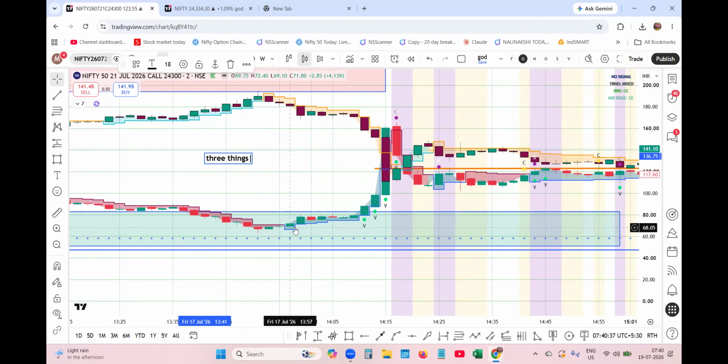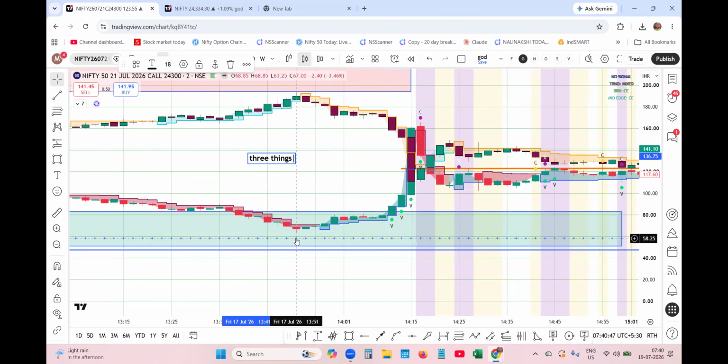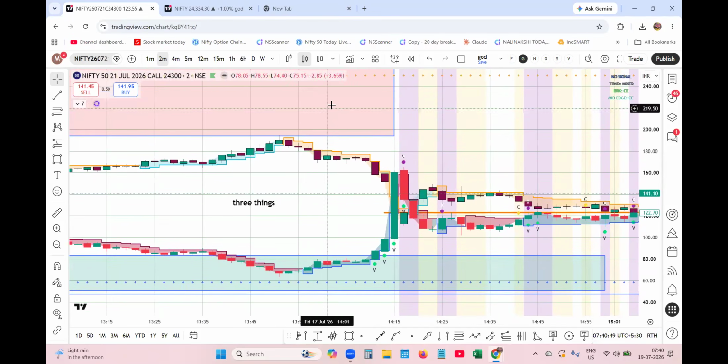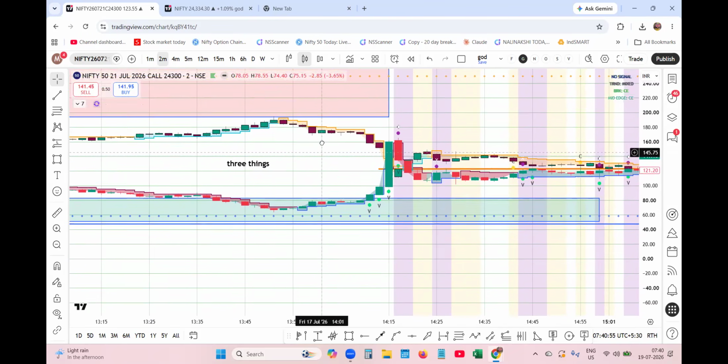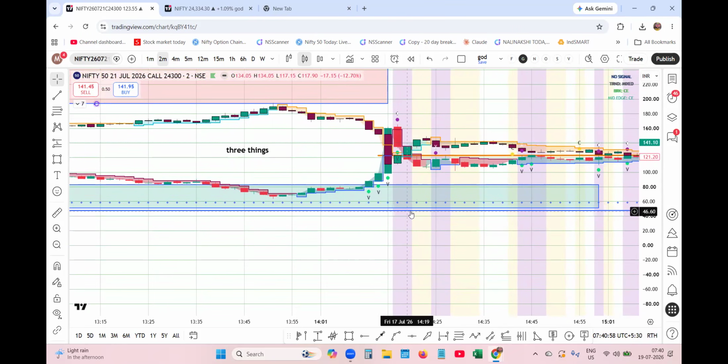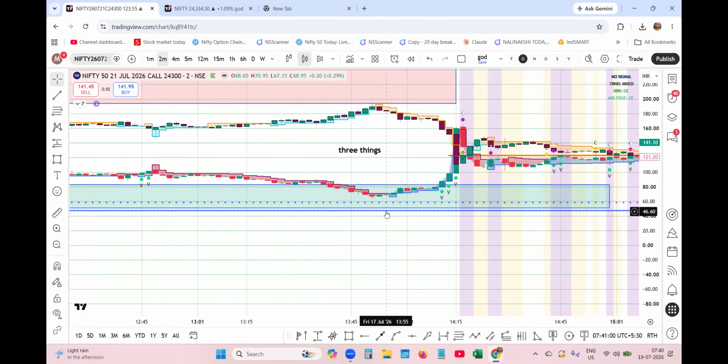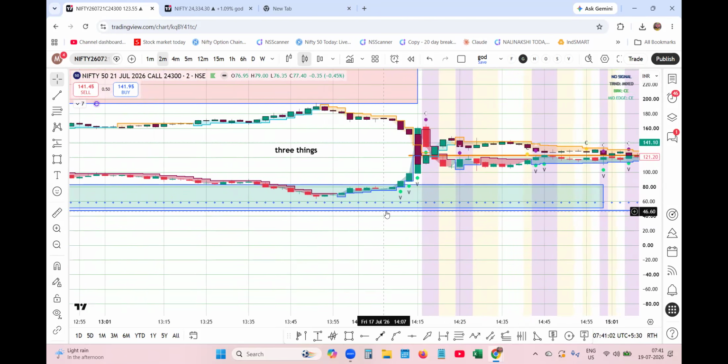We are buying the call option here, because the price is above the pivot, right? And the price of the put option is way below the pivot. This is the base grid line, and price is above the base grid line here. Since I am on the 2 minutes chart, you are going to see it like this.